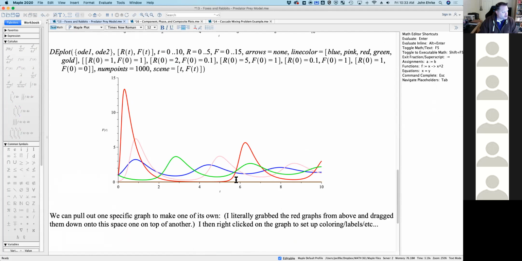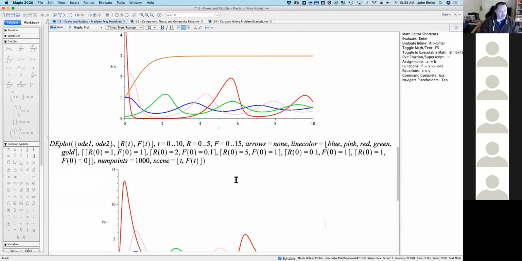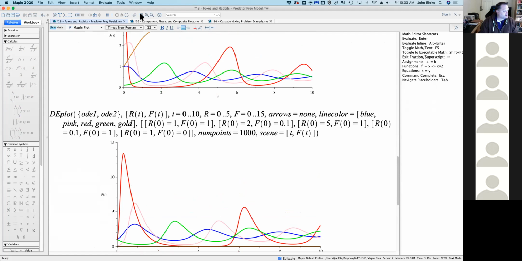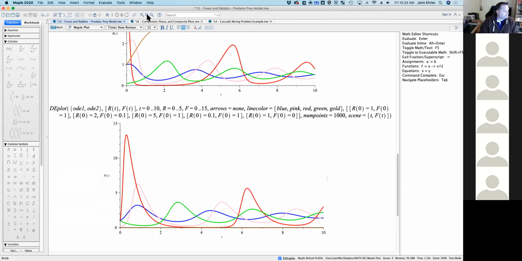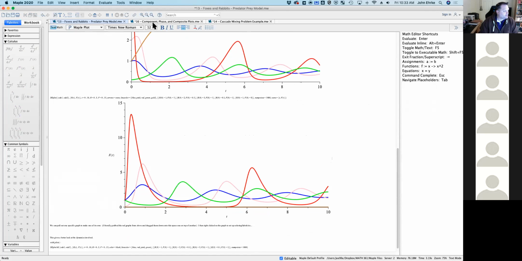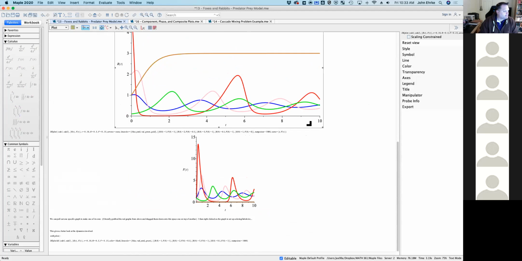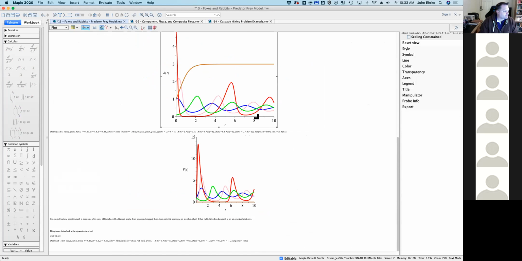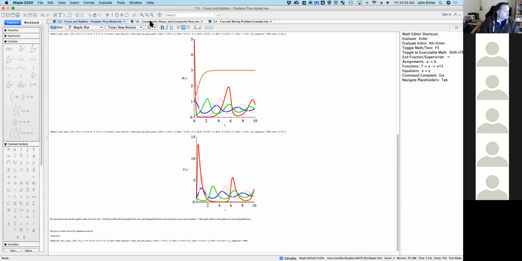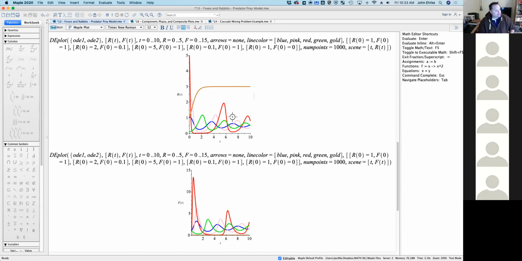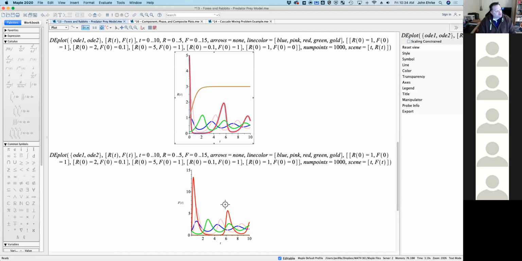I do want to show you a trick that you can use to make a graph very easily in Maple. Let's suppose that I wanted to create a graph that consists of just the red curves.